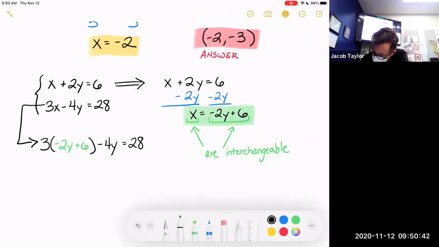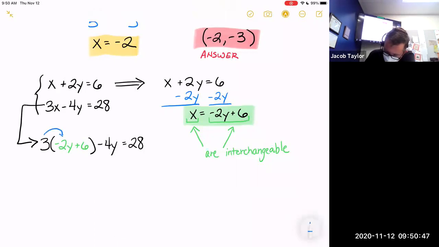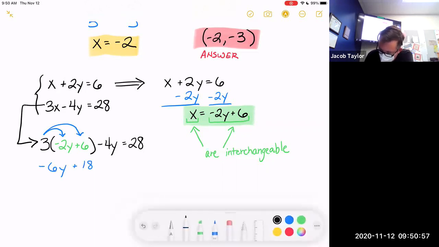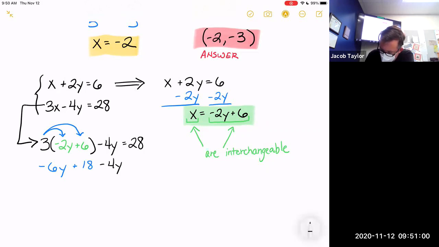So let's go ahead and do our multiplication, our distributive property here. 3 times negative 2y, and 3 times 6. So that's going to be negative 6y plus 18 minus 4y equals 28.